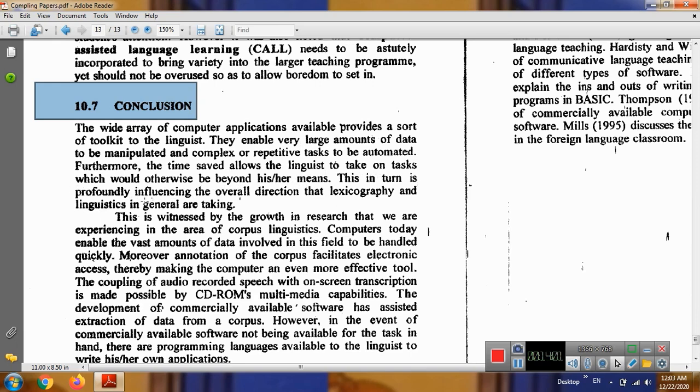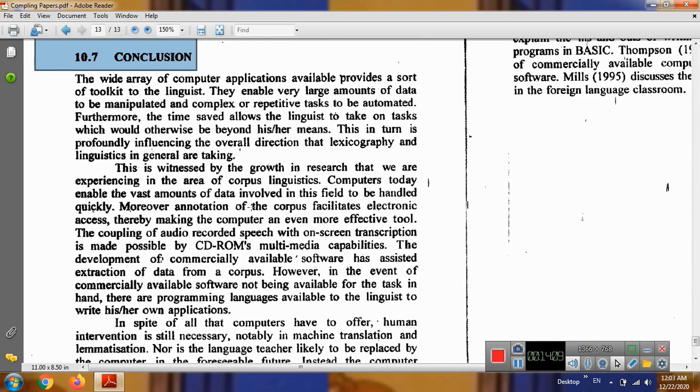This in turn is profoundly influencing the overall direction that lexicography and linguistics in general are taking.